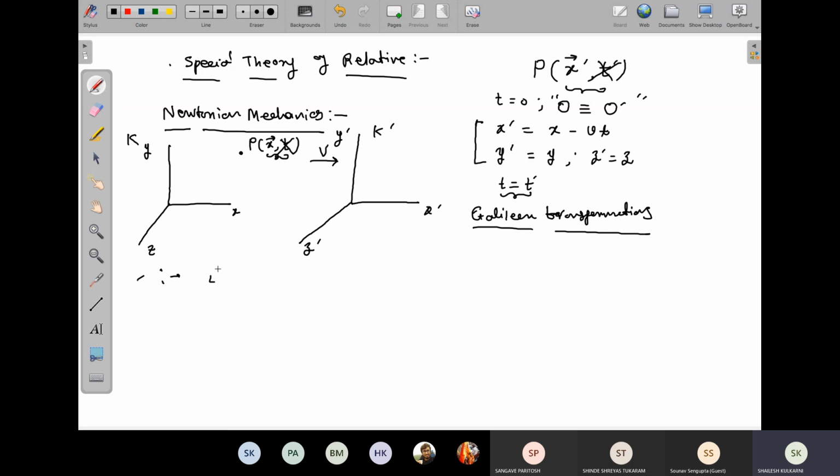it says that laws of motion in all inertial frames are the same.